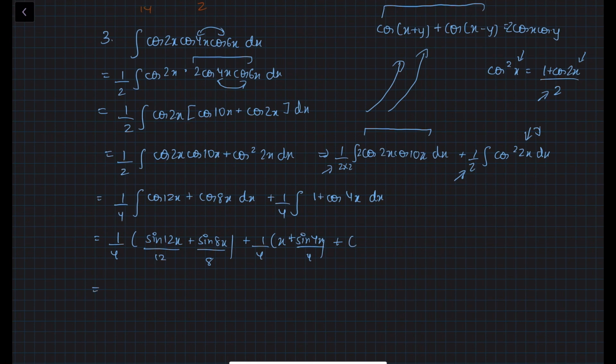And now we're just going to write that out. Sine of 12x over 48 plus sine of 8x over 32 plus x over 4 plus sine of 4x over 16 plus the c. Right. And that is your answer.